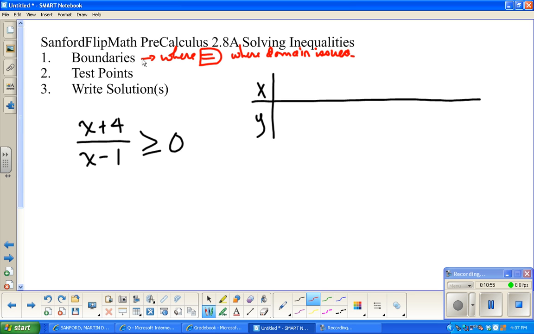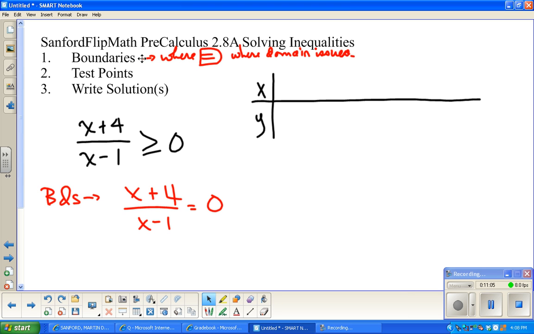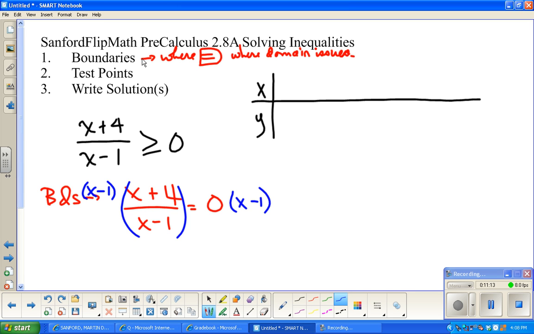So for the boundaries, it's going to be x plus 4 over x minus 1 equal to 0. I can solve this. It's a rational equation, so I can multiply both sides by the least common denominator, which is just x minus 1. Now this is exciting stuff, because now it's x plus 4 equals, you guessed it, 0.